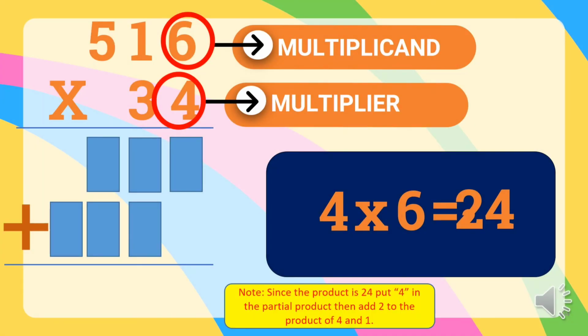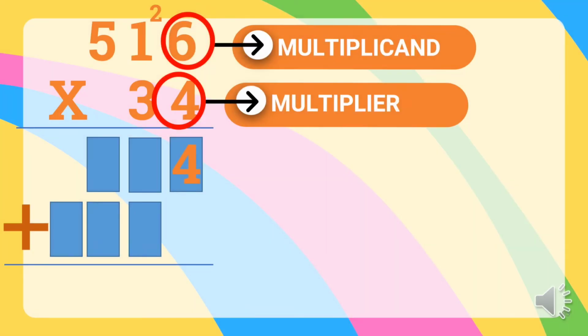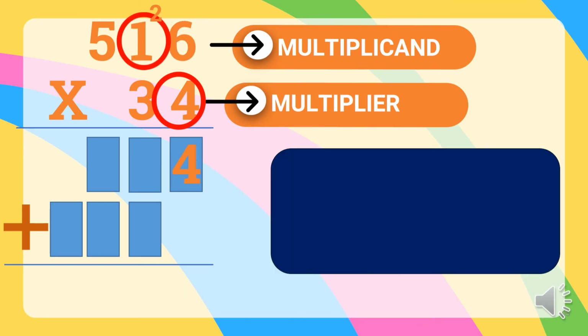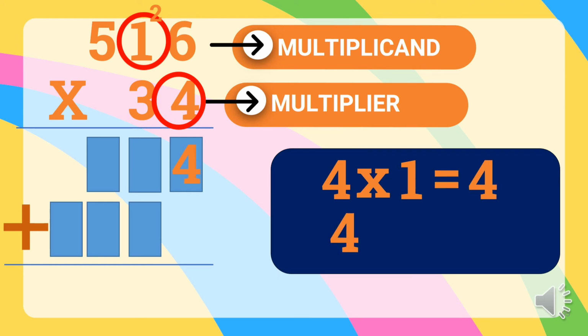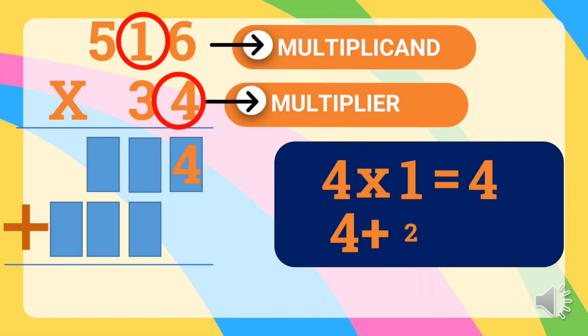Since the product is 24, put 4 in the partial product, then add 2 to the product of 4 and 1. Next is 4 times 1 is equal to 4. 4 plus 2 is equal to 6.